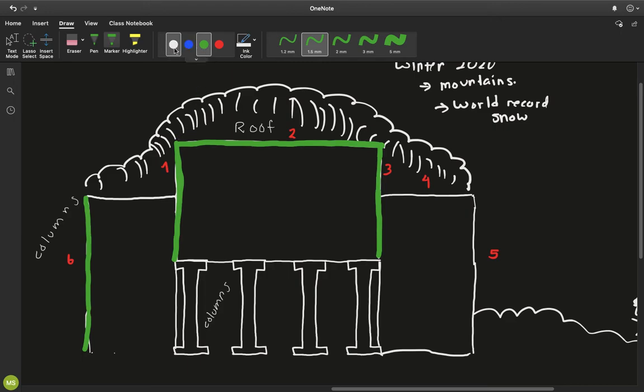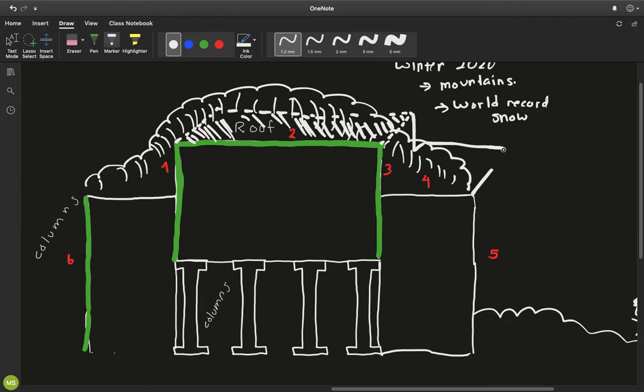Because as you can imagine, this is going to be in 3D. You have a surface of a roof, like so. So all of this snow is on this surface. And like so, you would have all of that snow on this surface.